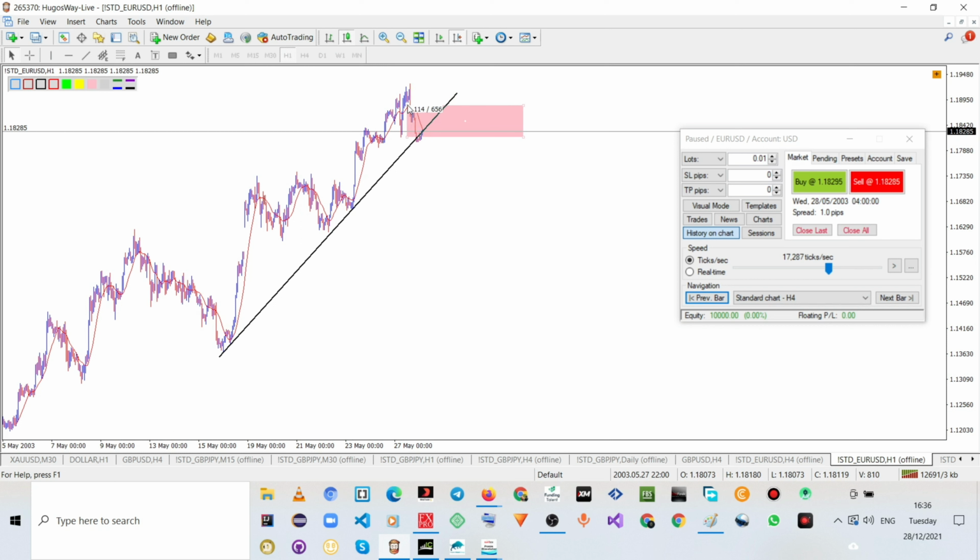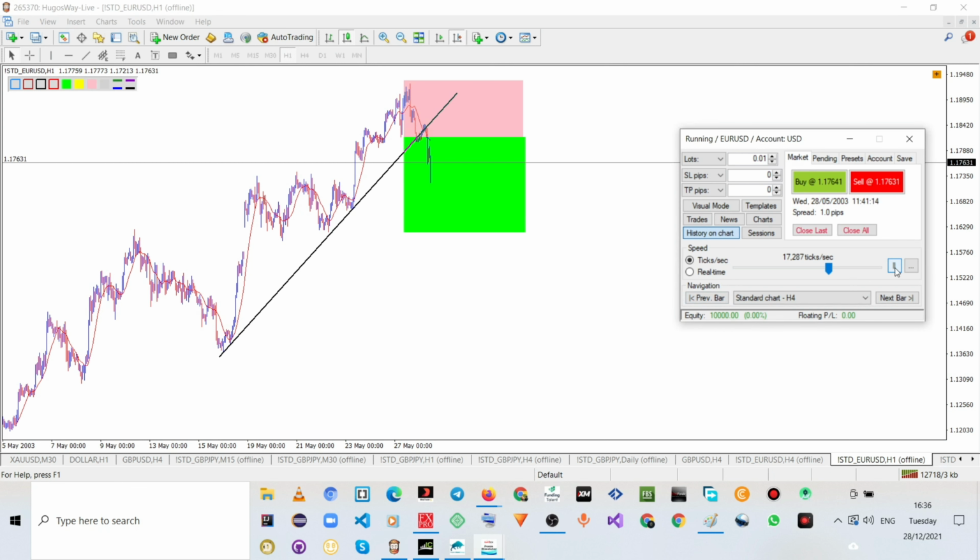We would have gone for this low, but let's just be safe and go for this previous high, sorry. Then the next corresponding low is this low right here, giving this trade a 1:2 risk reward ratio. So let's press play.